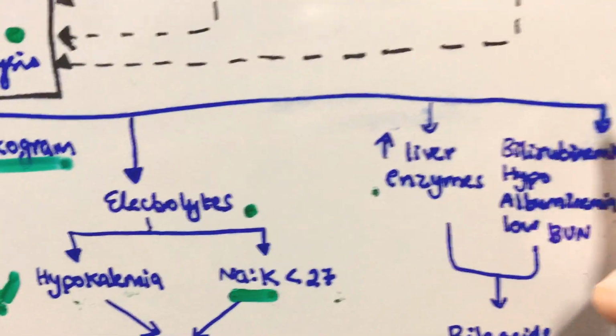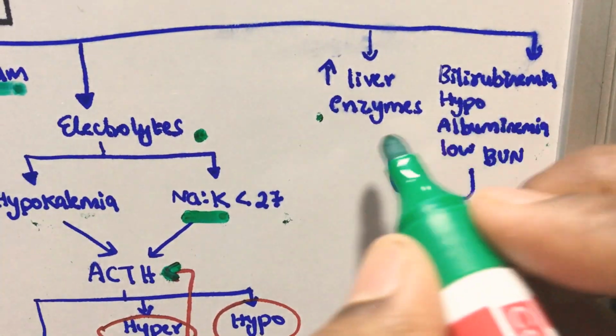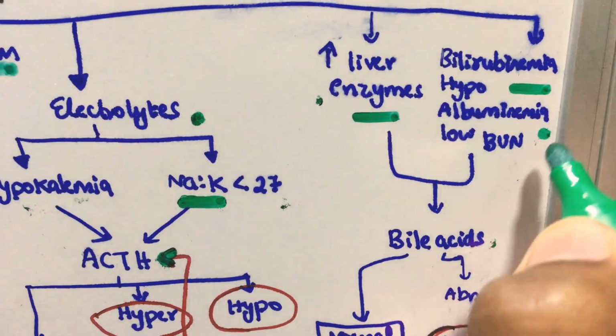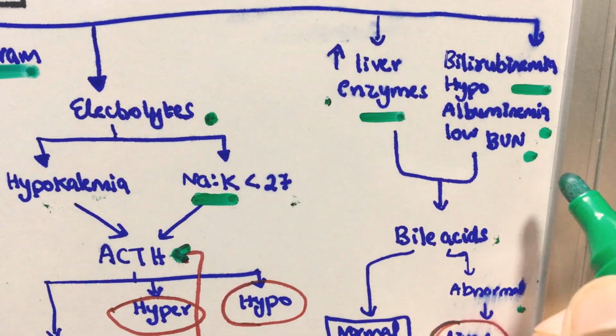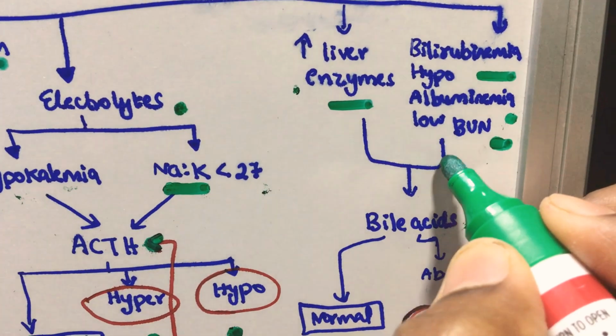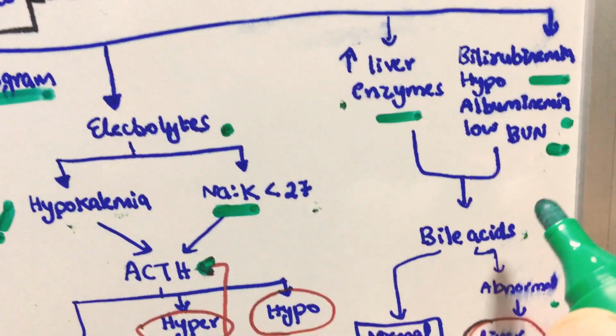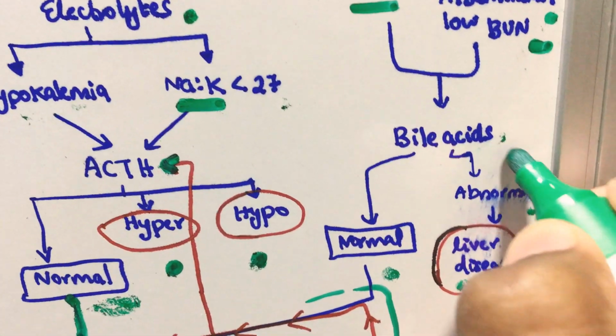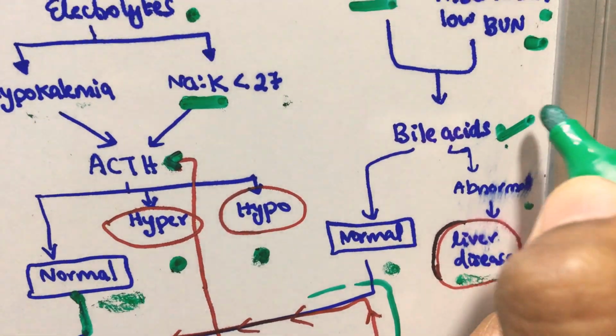Coming to other serum analytes: liver enzymes, bilirubin, low albumin, low BUN, etc. If all these things are there, then it correlates with underlying liver pathology. So to confirm it, you need to do a serum bile acid assay.